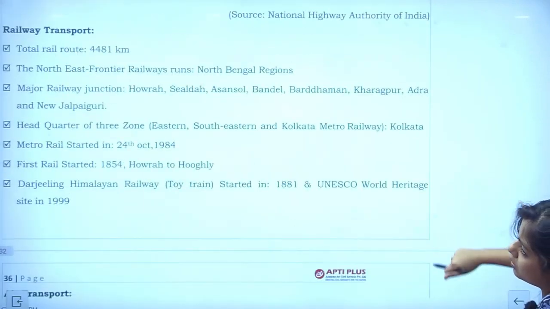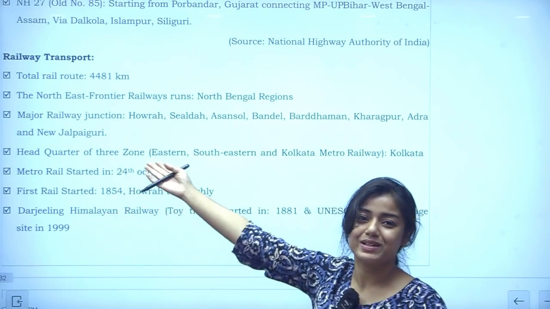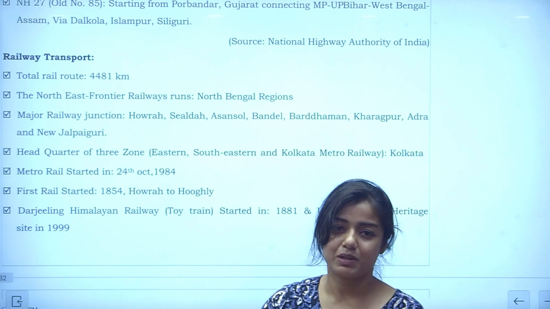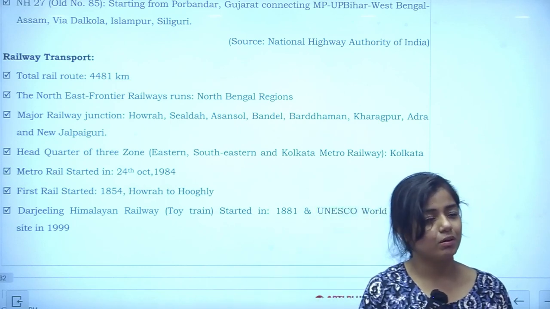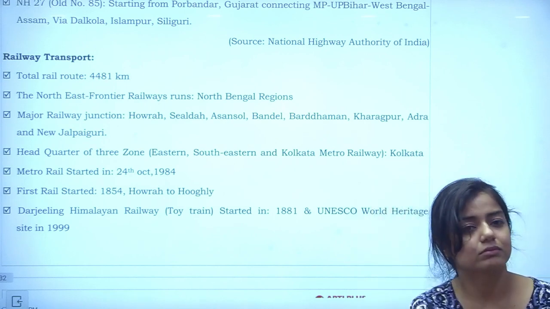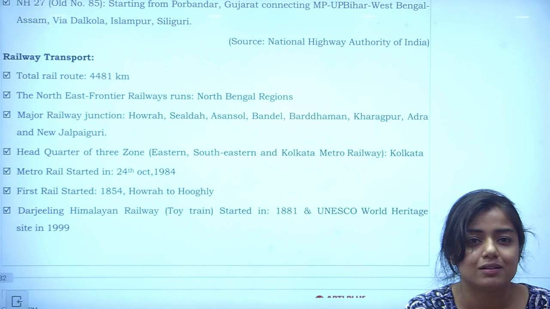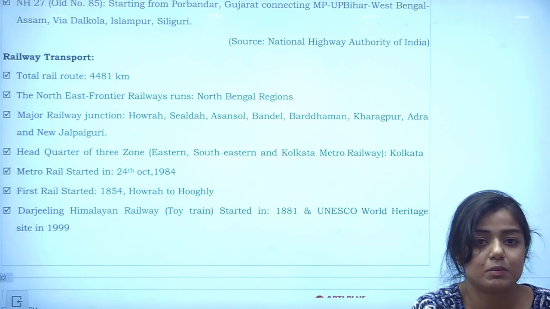Railway transport, you know now. Kolkata in West Bengal is the first city where the metro was opened, and I got a question long back that the Delhi metro is much more developed than the Kolkata metro, despite Kolkata being first.